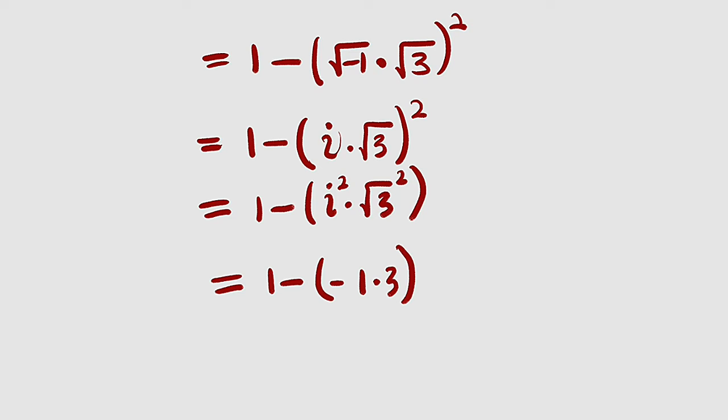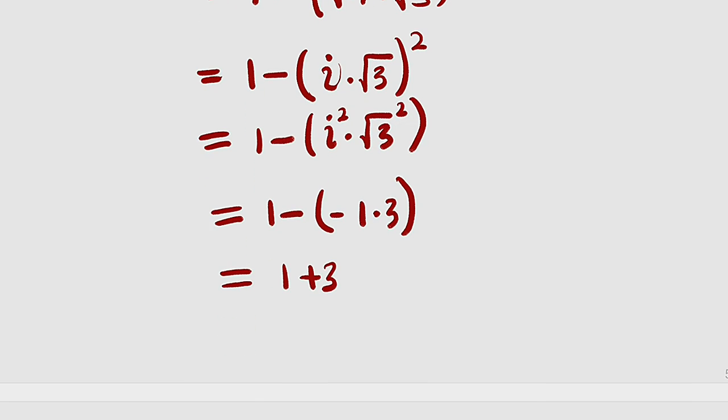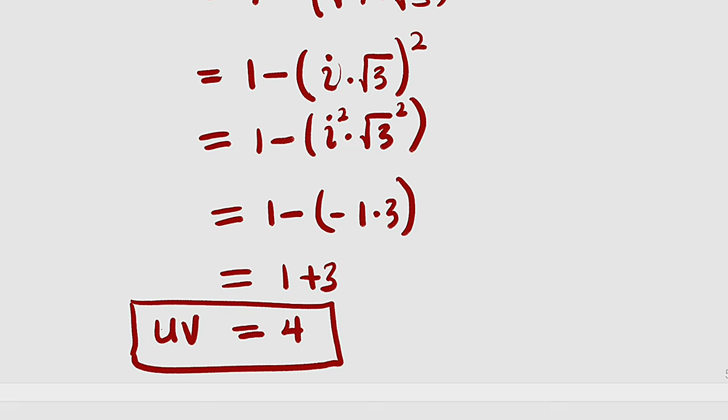So all we have is negative 3 in the parentheses, which is equal to 1 plus 3, and this is equal to 4, which implies that the product of u and v is equal to 4. Let us keep this aside.